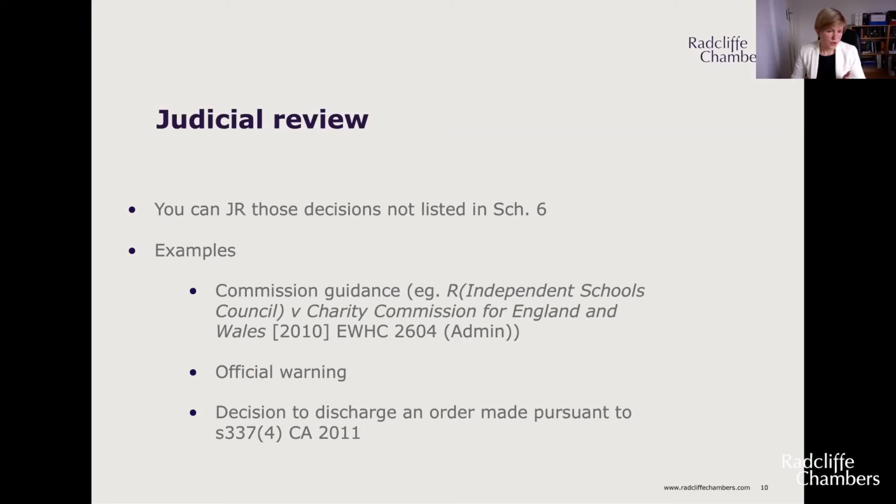So it's probably not going to be your first port of call. I completely accept that. But you may come across a situation that you want to challenge and it isn't there in Schedule 6.